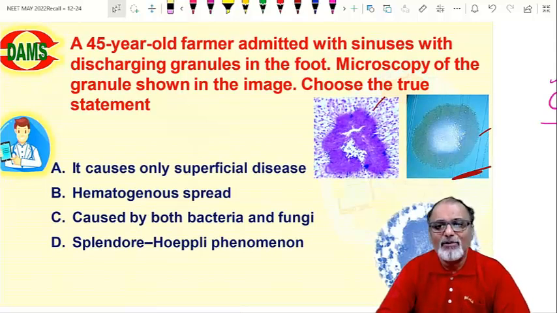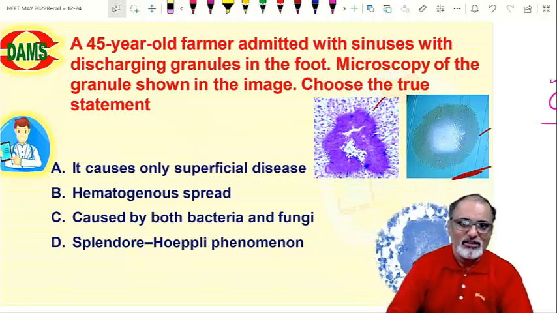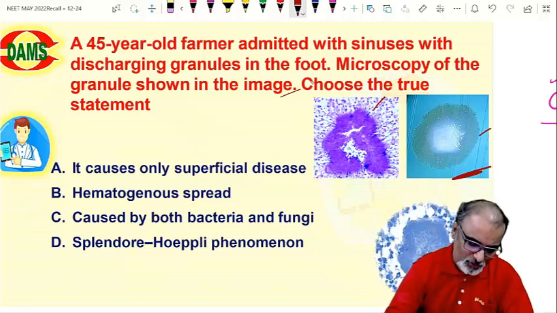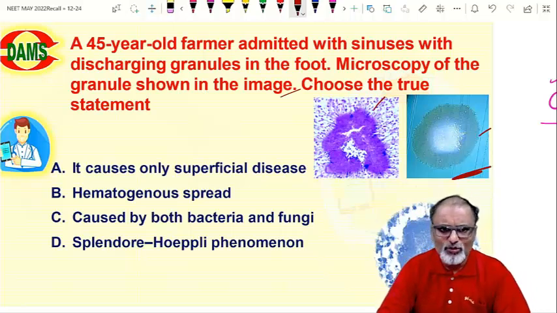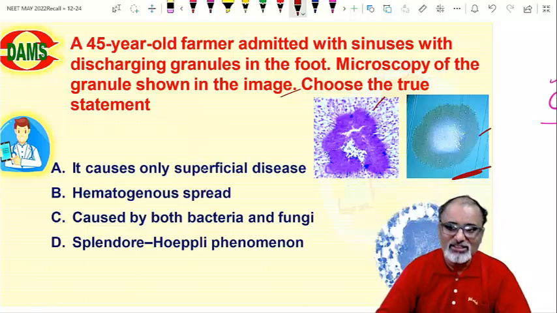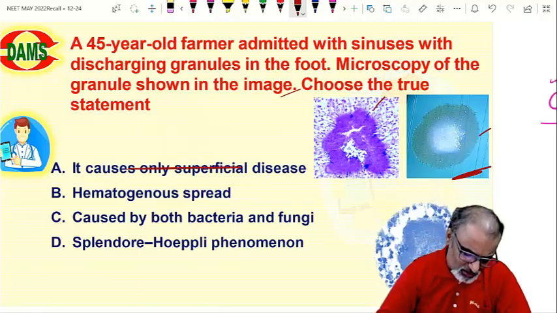It is a sundry appearance. In the culture, it produces a molar tooth appearance. So microscopy of the granule is shown. It is mycetoma. Choose the true statement. It causes only superficial or skin disease; some choices say it won't cause deep disease. Whatever it may be, no, it is a subcutaneous infection.